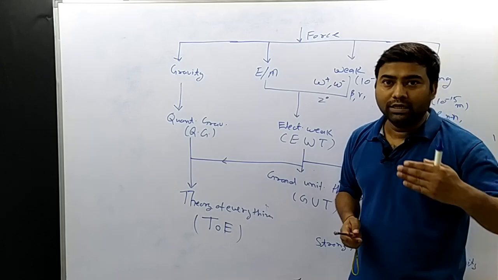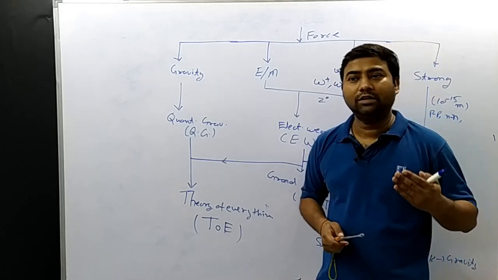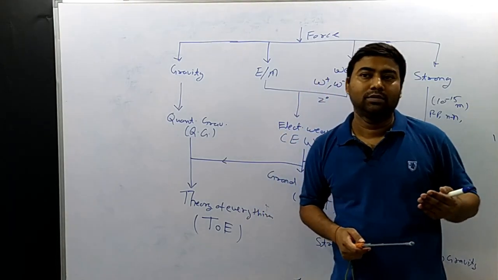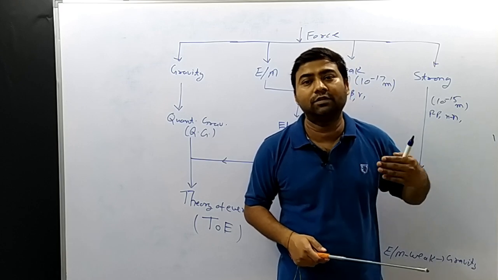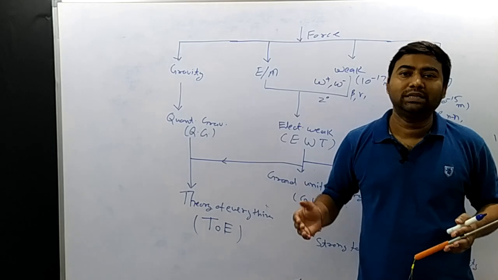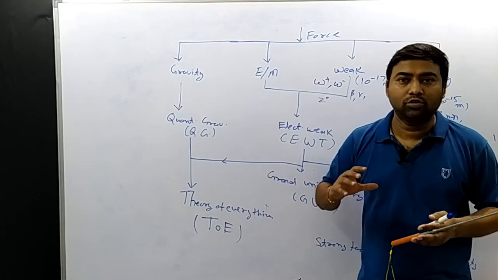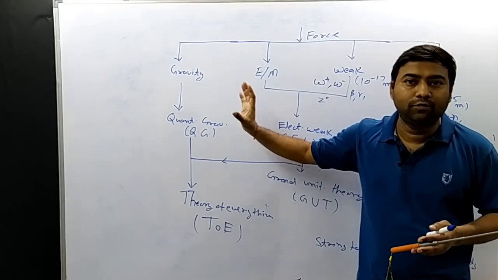The general theory of relativity explains that gravitational force is a manifestation of a bend in the space-time fabric. It is not actually a force. This theory doesn't treat gravity as a force.